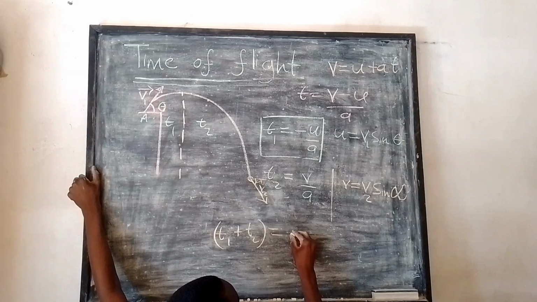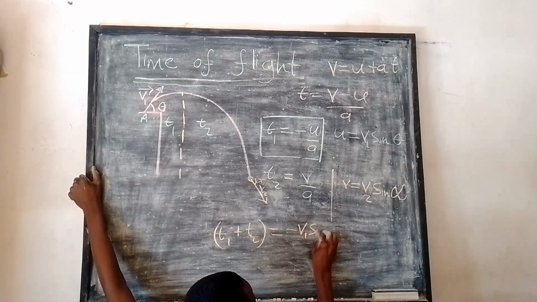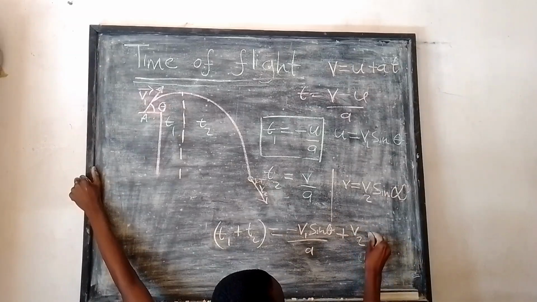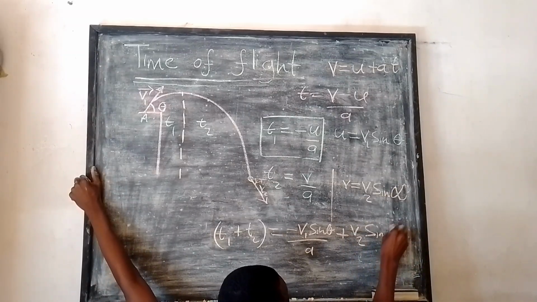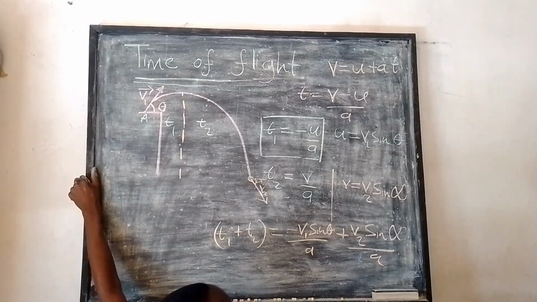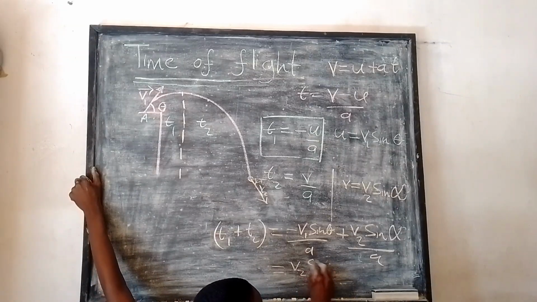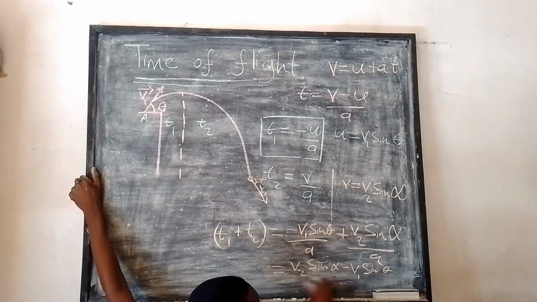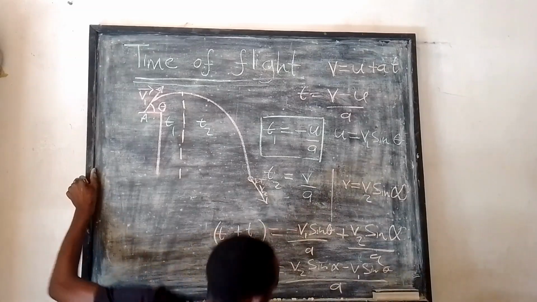It is equal to minus V1 sine theta all over A plus V2 sine alpha all over A, which is equal to V2 sine alpha minus V1 sine theta all over A.